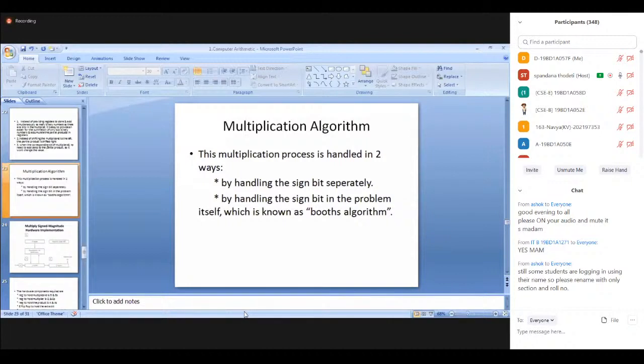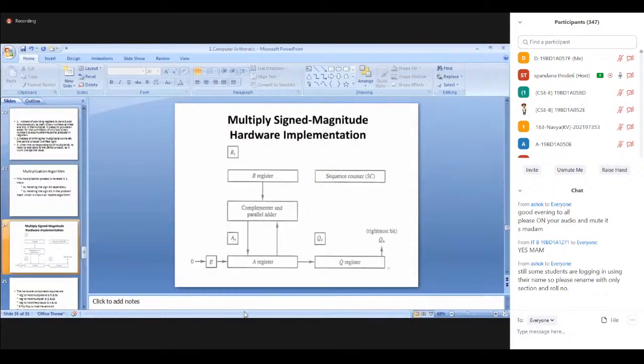So you will see how to perform multiplication on signed magnitude data as well as multiplication on signed two's complement data. And if the multiplication is performed on signed two's complement data, it is known as Booth's algorithm. First, we'll see multiplication on signed magnitude data.